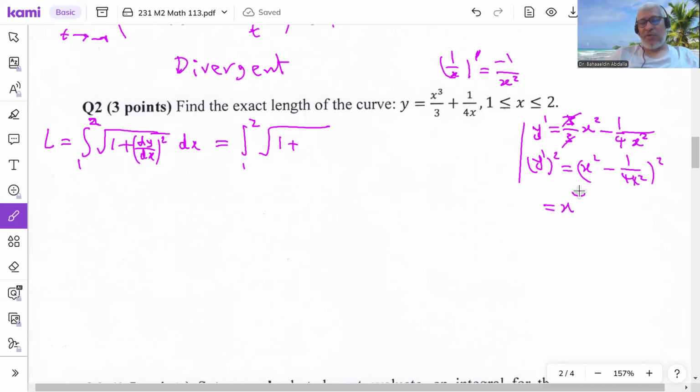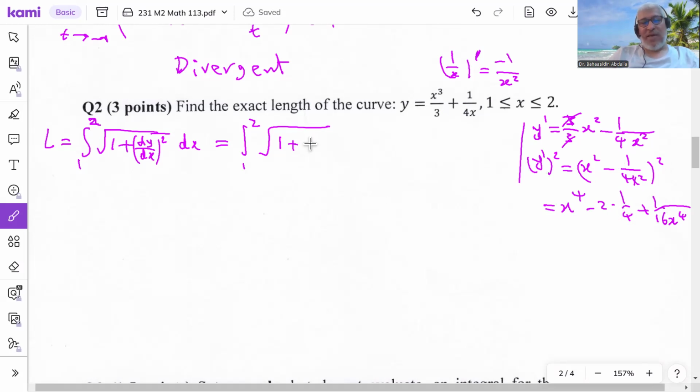And this would be x to the power 4 minus 2 times x squared times 1 over 4x squared. So x squared times 1 over x squared would be 1. x squared will be cancelled with x squared, and I'll have only 1 over 4. Then plus 1 over 16 x to the power 4. This is the square of the second term.